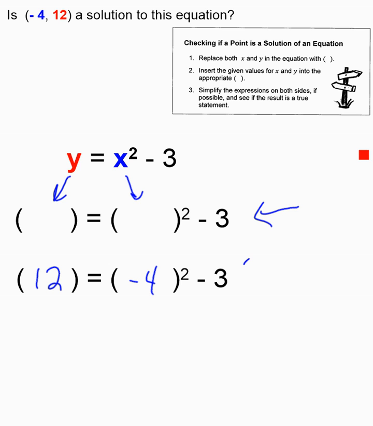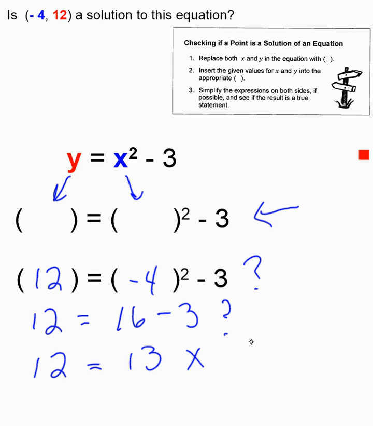So we're asking the question of whether that's true. So then the question is, -4 squared is 16. So is that true? It's not true. So this is not a solution, because those numbers did not make a true mathematical statement.